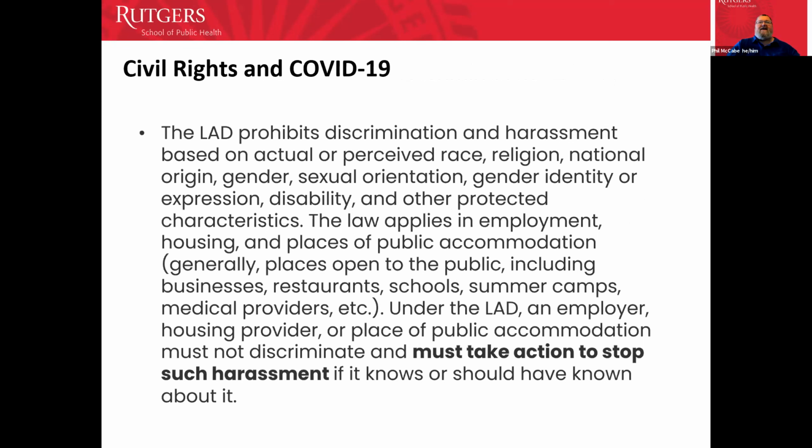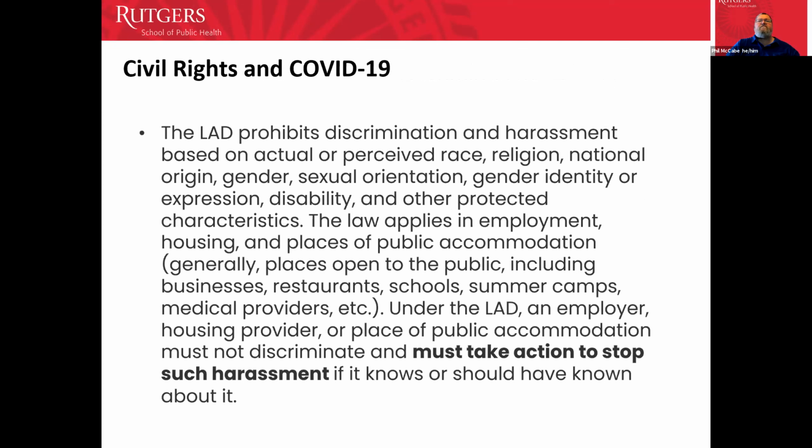So in addition, just to give further clarification, I'm going to read one of the slides I think we should read in its entirety. The laws against discrimination prohibit discrimination and harassment based on actual or perceived race, religion, national origin, gender, sexual orientation, gender identity or expression, disability, or other protected characteristics.